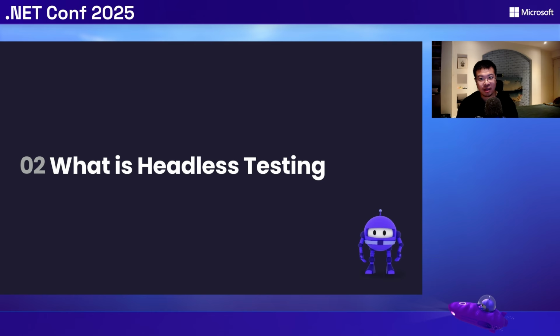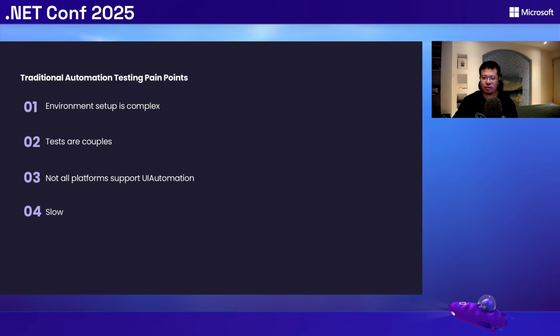As you may be surprised, I'm still a full-time WPF developer right now. So I have to say, the automation testing for WPF application is very painful. And here are several reasons. First, the environment setup is really complex because you need to have a desktop environment for the automation testing. And it relies on the actual app running, right?